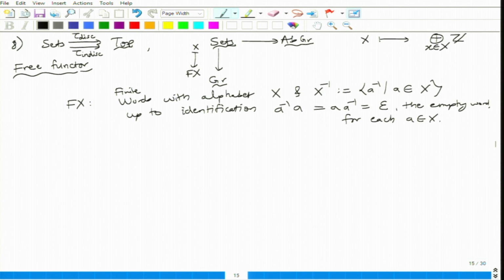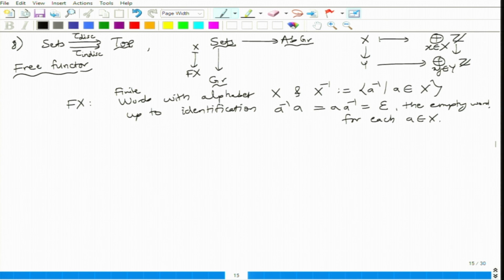So over here what is happening is that X is getting mapped to the direct sum of capital X many copies of Z. So these are all finite support functions. And if you have a map from X to Y, then automatically that induces a map between these two spaces.